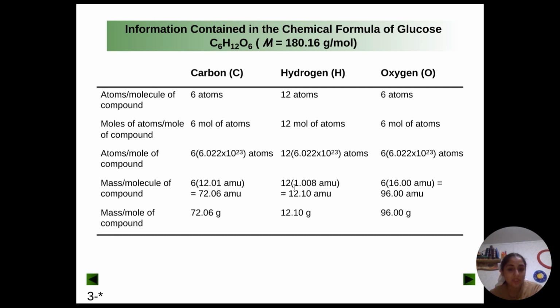And for oxygen, 6 times 16.0 AMU equals 96.00 AMU. Then the mass per mole of compound for carbon is 72.06, which you got from the previous step. For hydrogen, it's the same as the previous answer, 12.10 grams. And for oxygen, it's 96.00 grams.